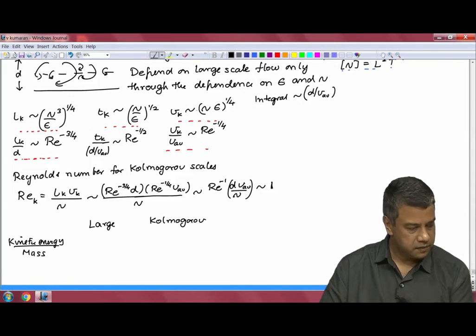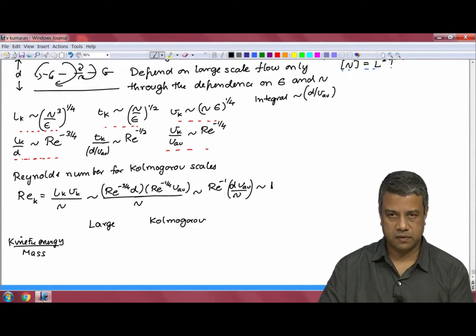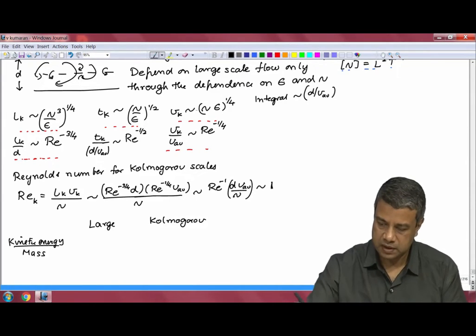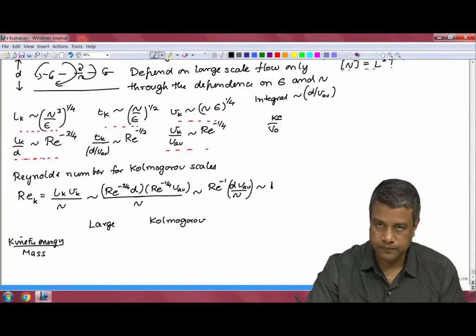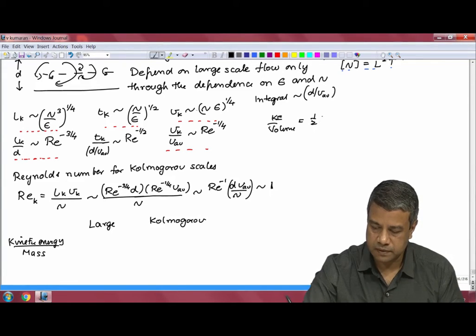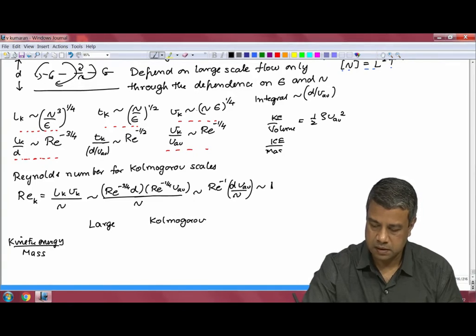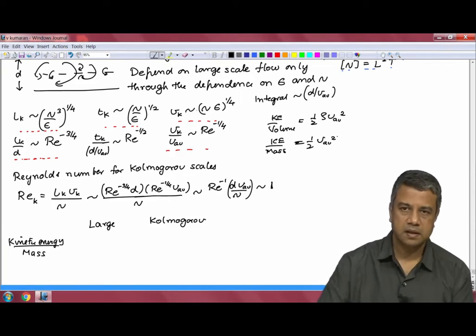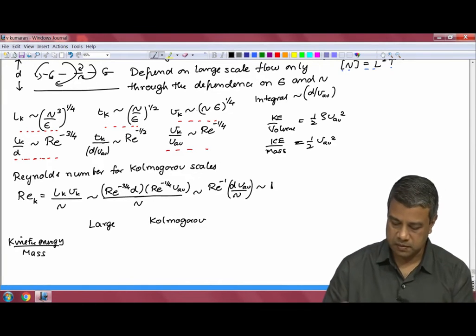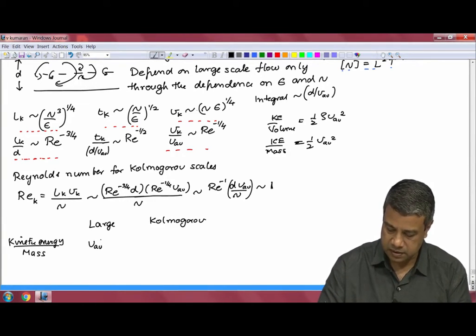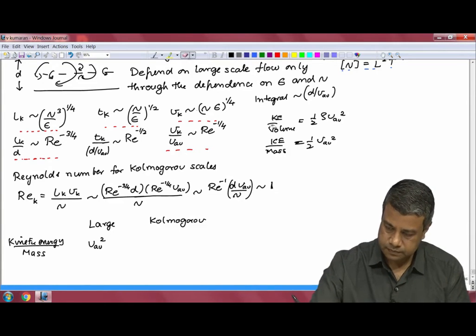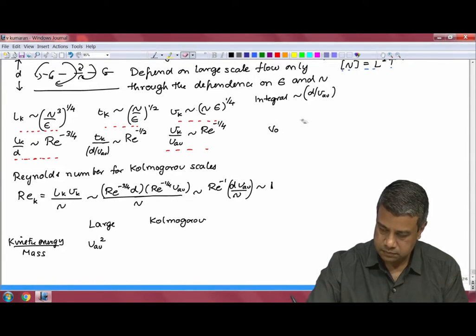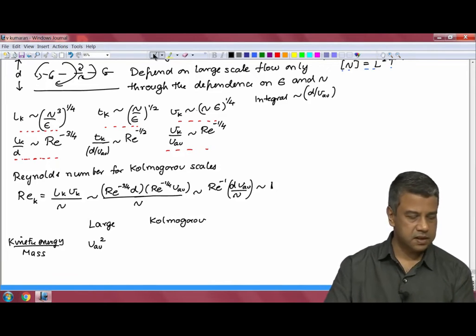For the large scale, it is of course equal to half rho v square. That is the kinetic energy per unit volume. The kinetic energy per volume is equal to half rho V average square. So, if I want the kinetic energy per unit mass, it is half V average square. I have to divide by the density to get a kinetic energy per unit mass. So, this scales as the average velocity square.